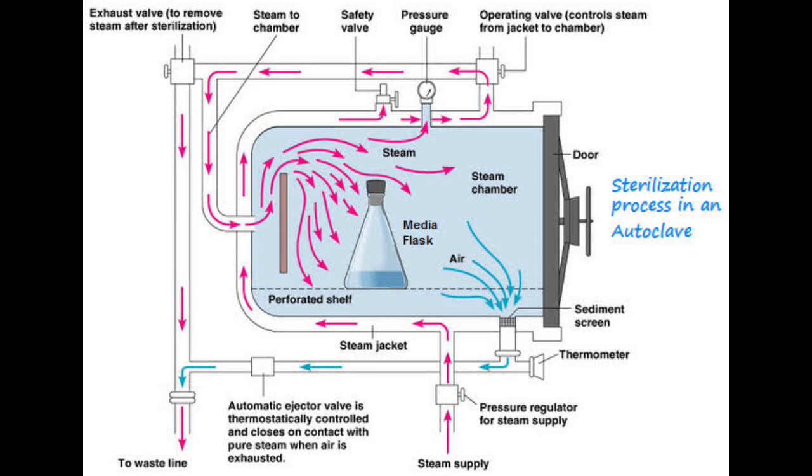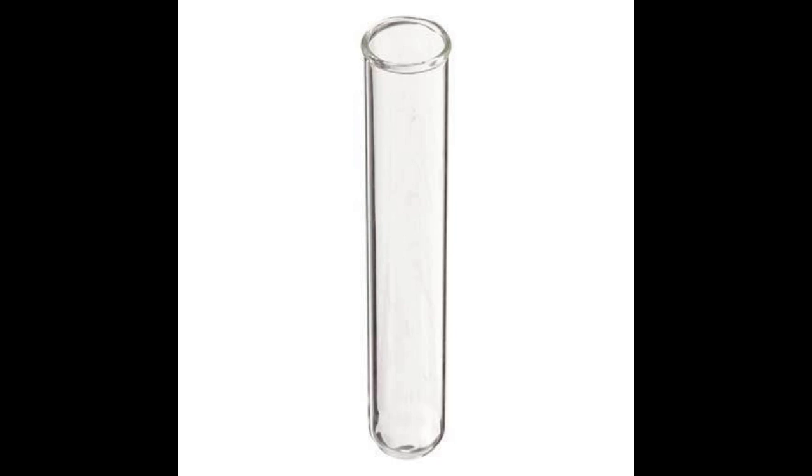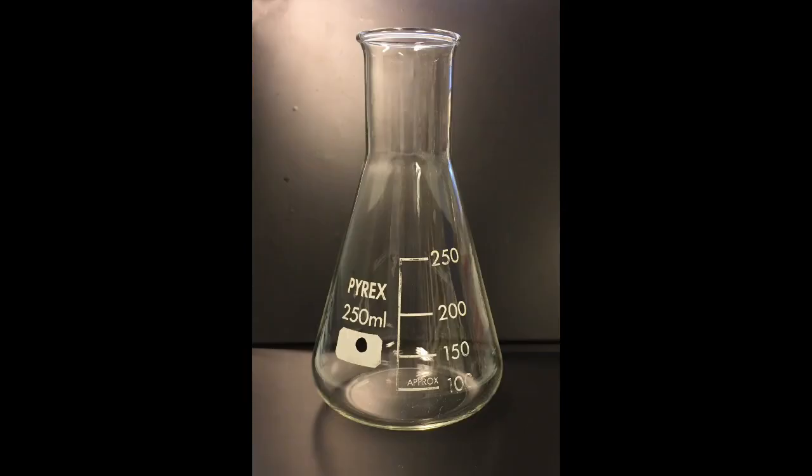When that is done, most of the contamination is over. The petri plates, the circular plates used to culture bacteria, test tubes, flasks, and even media are now free of contamination.